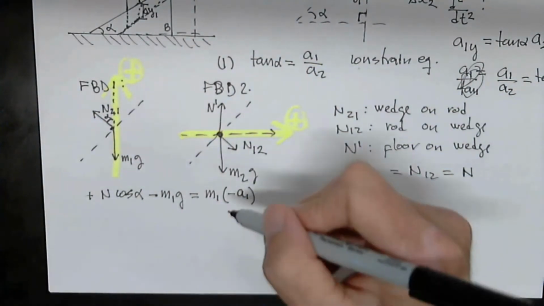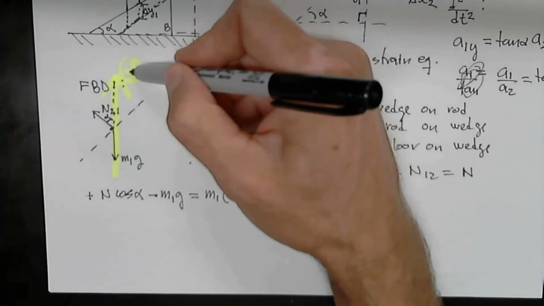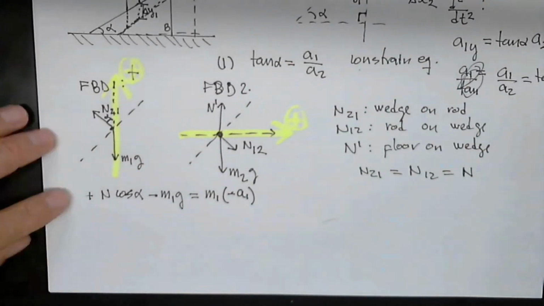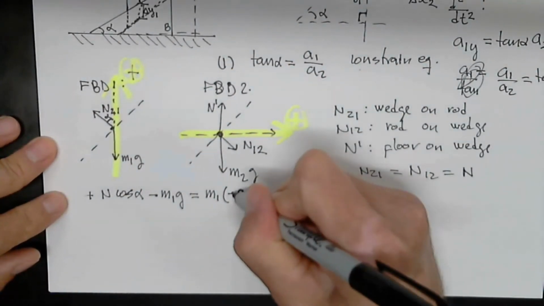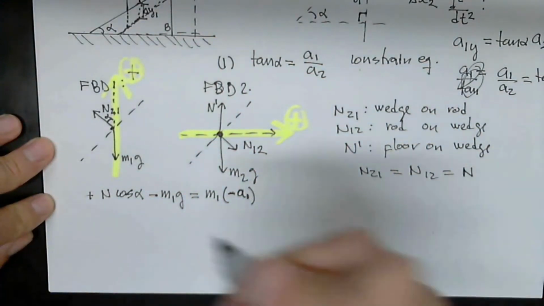Make sure you put this negative because the rod is moving down. A1 is the magnitude of the acceleration. So this is equation 2.